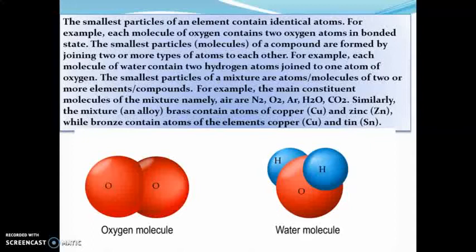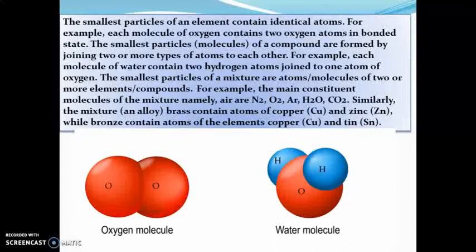The smallest particle, the molecule of a compound, is formed by joining 2 or more types of atoms to each other. Now here we can see that O is one type and H stands for hydrogen, which is another type.